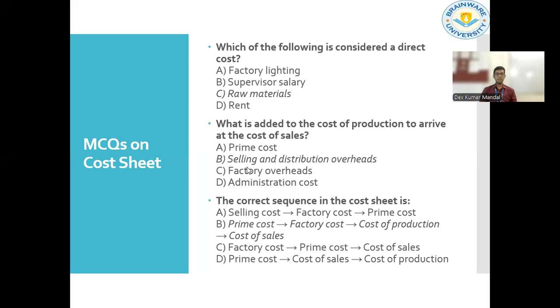Middle data means after prime cost, we get the works cost. After works cost, we get the cost of sales, and after cost of sales, we come to the cost of production. Since one data is missing, option number B is the correct answer. That is prime cost, factory cost, cost of production, and cost of sales. I hope this topic is clear to you.